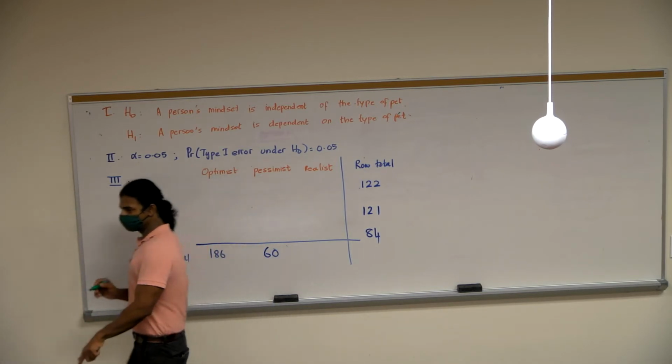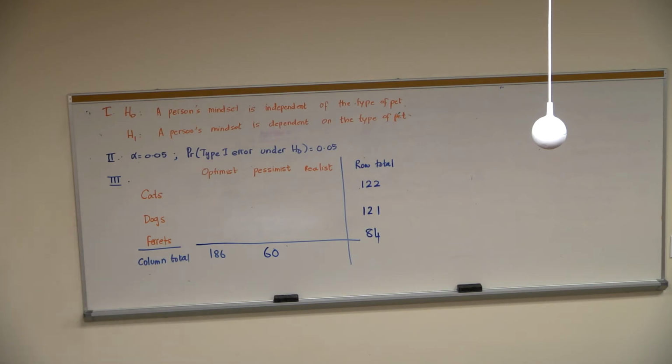Do you see what I'm doing? I'm adding all of these values across the rows to get the row total, and down the columns to get the column total. And the last one, 81.